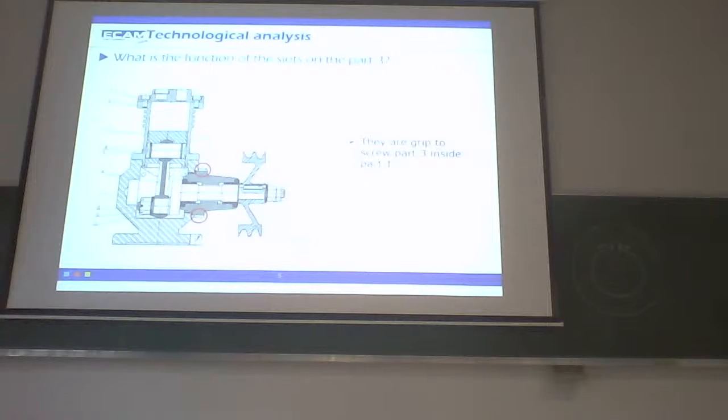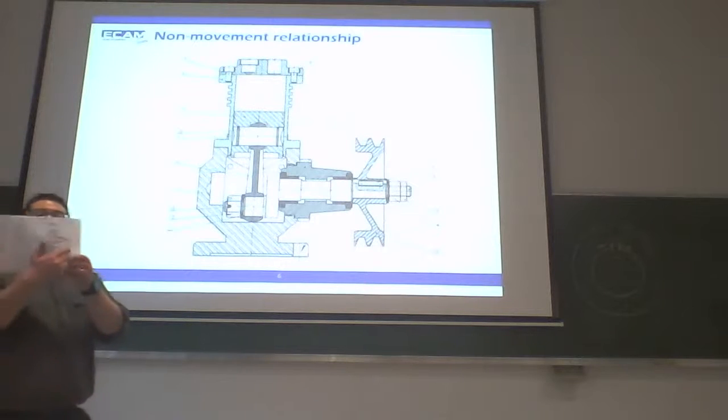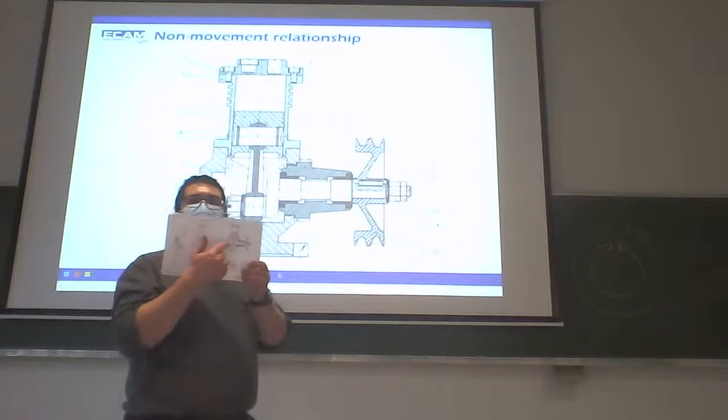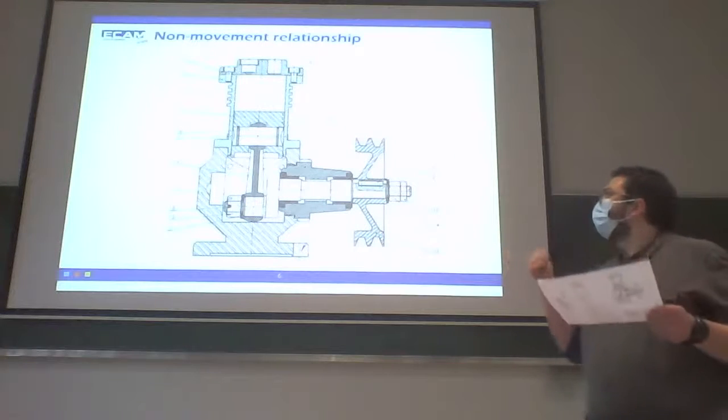I leave you time to find the group of parts. So now, with all of this, you have to identify the group of parts. Advice for this, just work on this view, the one on the screen.